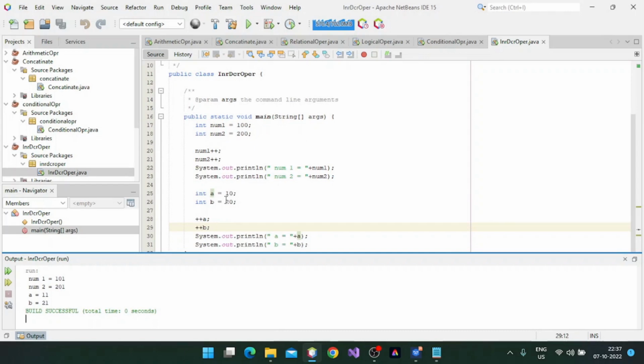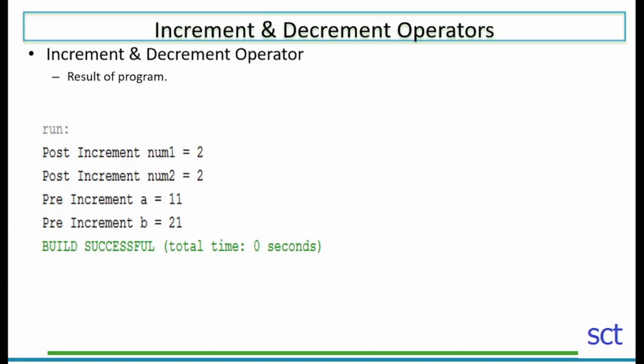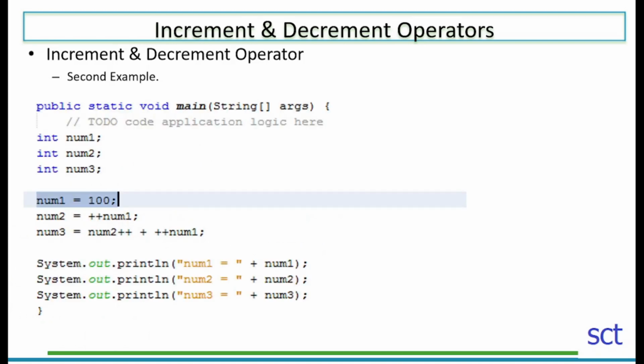Okay, but that is not the case when I am using it in an expression. Let us take this example. Here I am declaring 3 numbers. Number1 is assigned the value 100. Number2 is going to be plus plus number1, and number3 is going to be number2 plus plus plus plus number1.